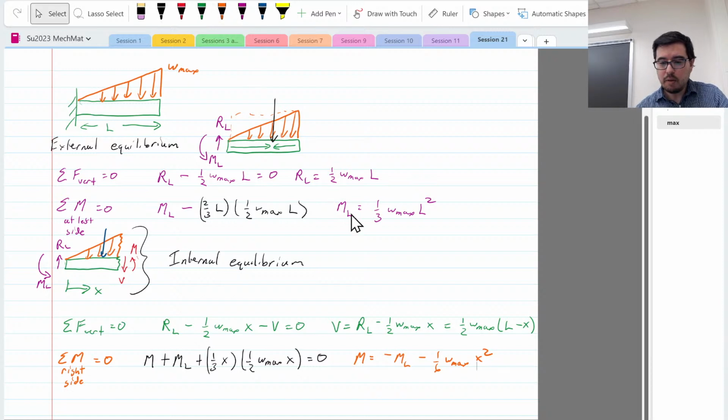And what was ML? ML was 1/3 W max L squared.